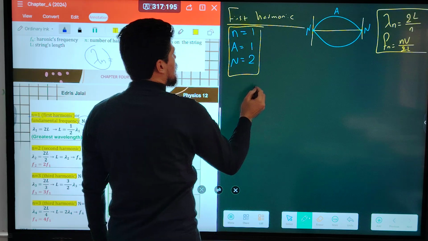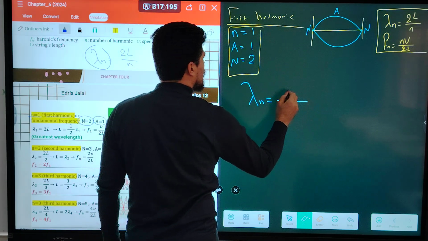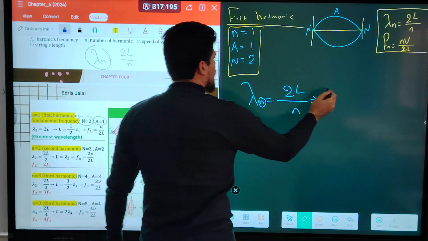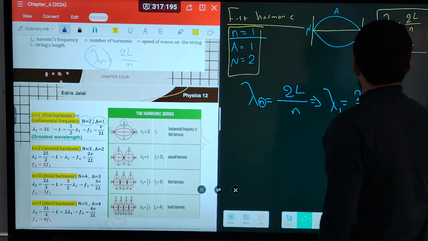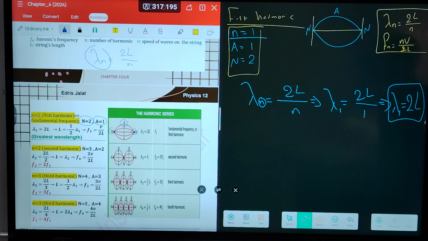Wavelength for the first harmonic is equal to what? Wavelength is equal to 2L over N. But for the first harmonic, N is equal to what? 1. 2L over what? Over 1. Wavelength for the first harmonic is equal to 2L. Yes, wavelength for the first harmonic in a vibrating string is equal to 2L.